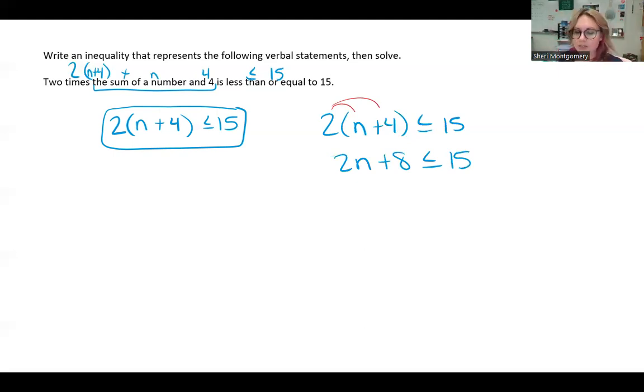I always have to take care of the addition and subtraction first. So I'm adding 8, on this side I must subtract 8. So I have 15 minus 8. What is that? 7. And my very last step is to divide by 2.